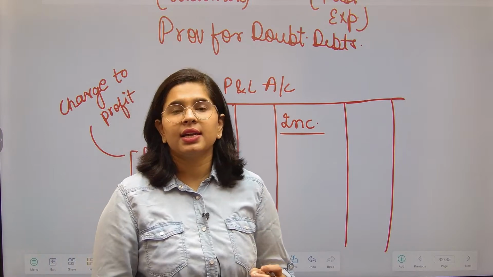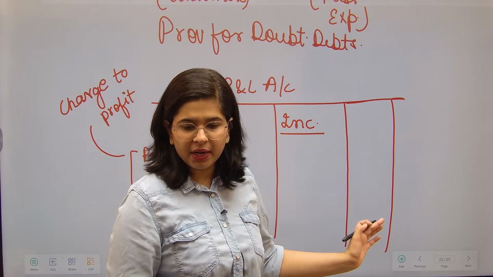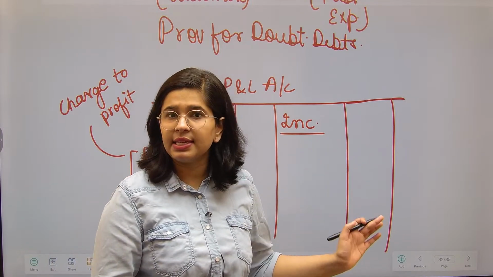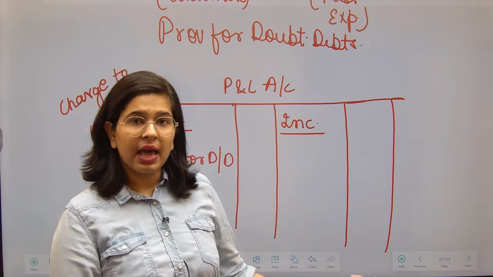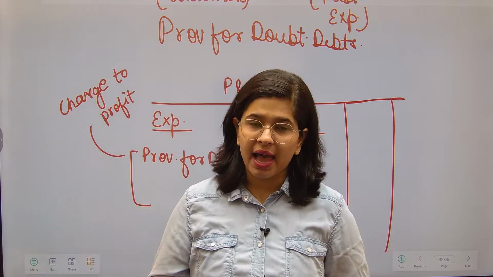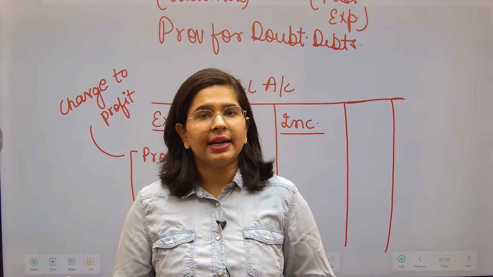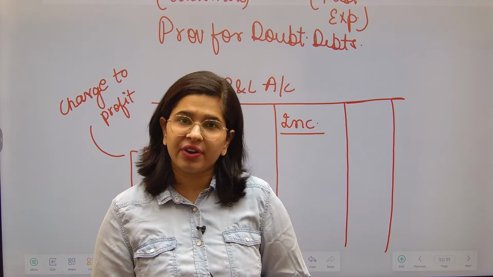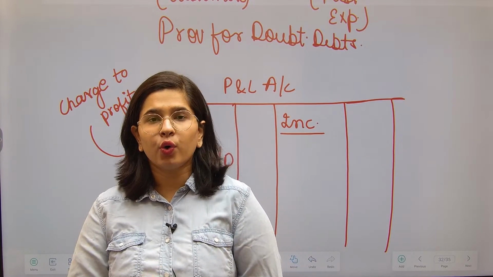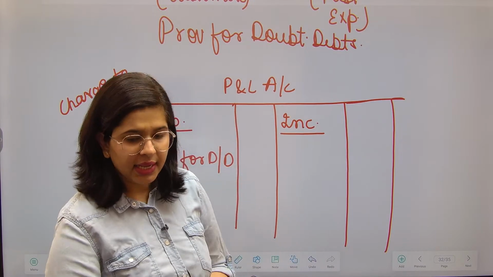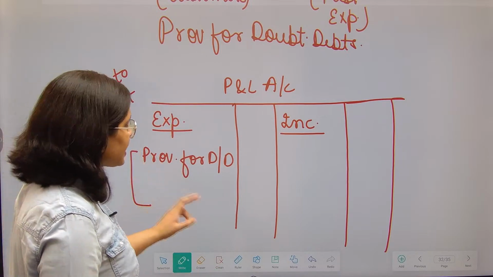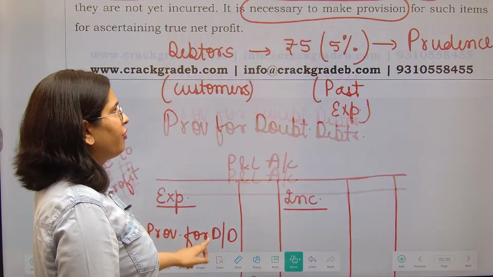I just want to tell you that when we are studying accounting, there might be differences between the accounts and your Income Tax Act. Both are governed separately. That is why please understand that differences may arise and don't be confused by that. So this has happened. This is charge to profit, etc.